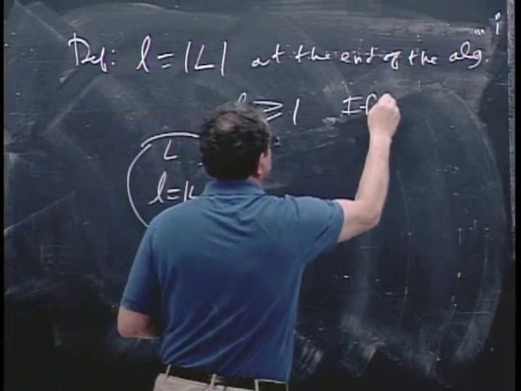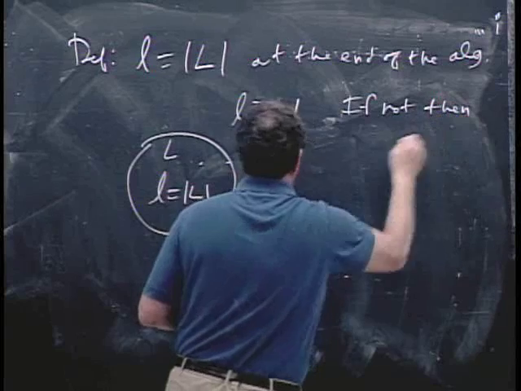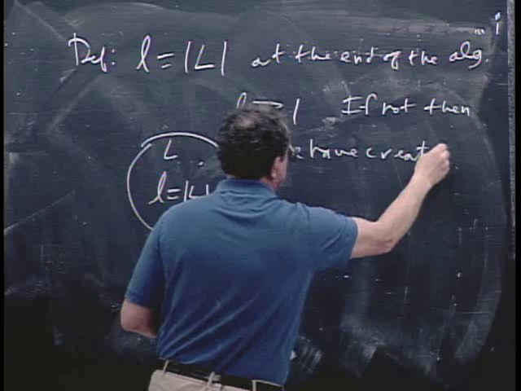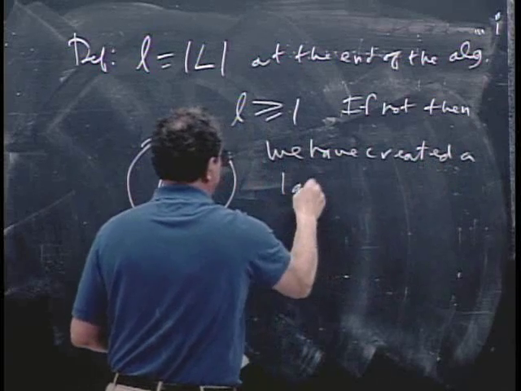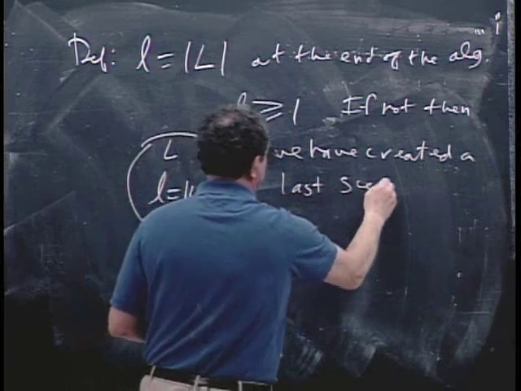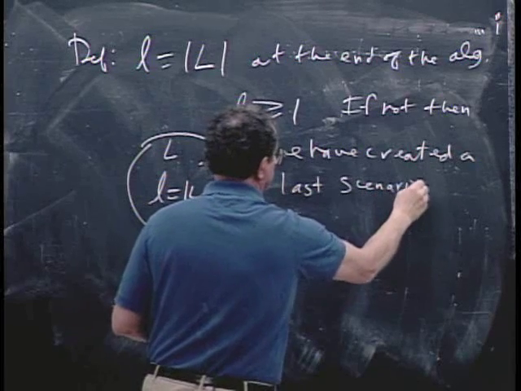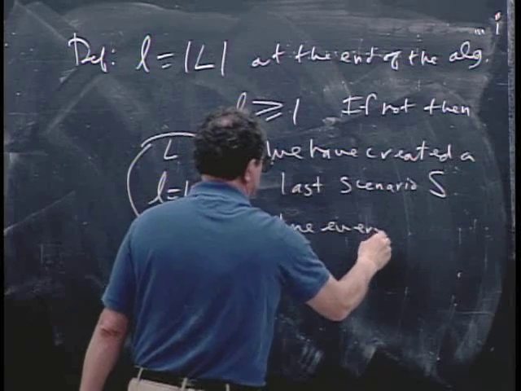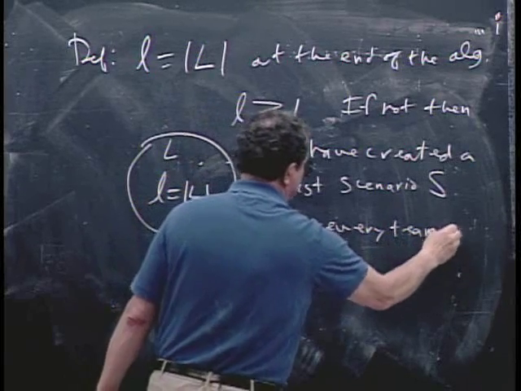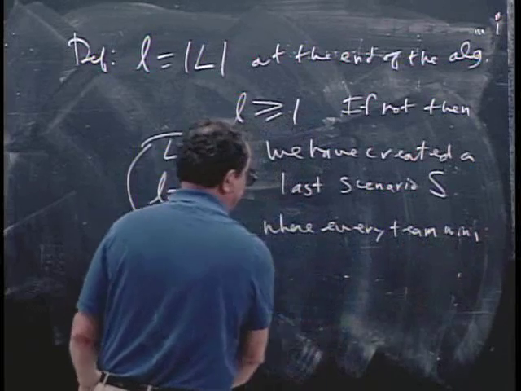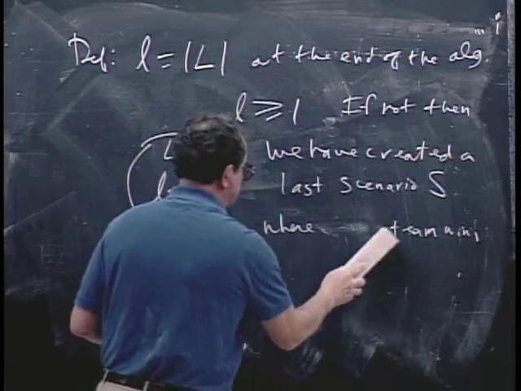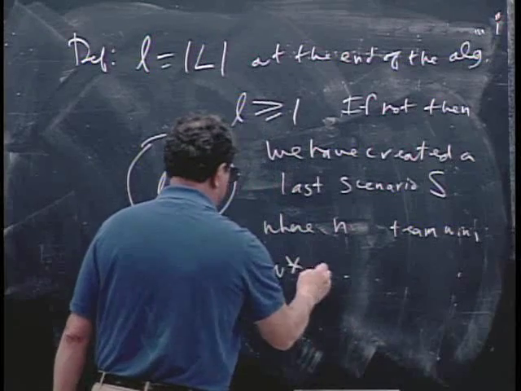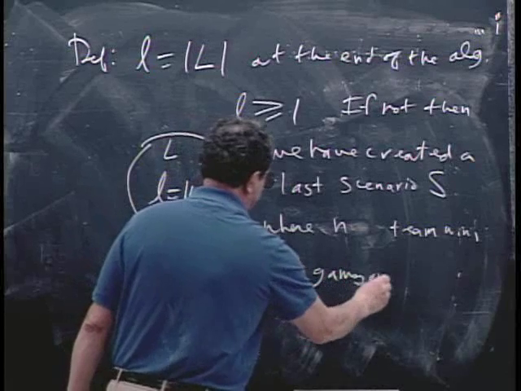If not, then we have created a last scenario, the final scenario that the algorithm has, S, where no team wins W star games or more.